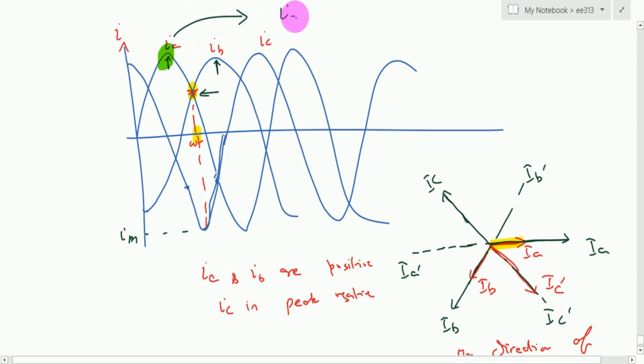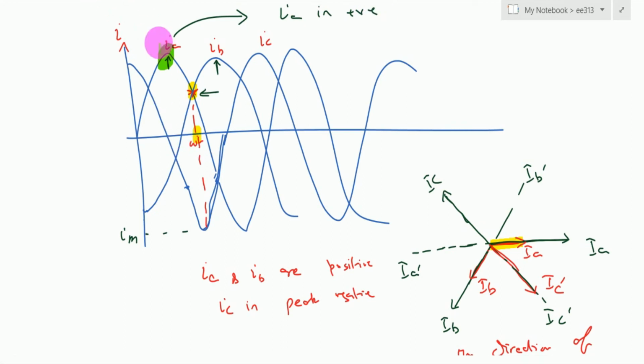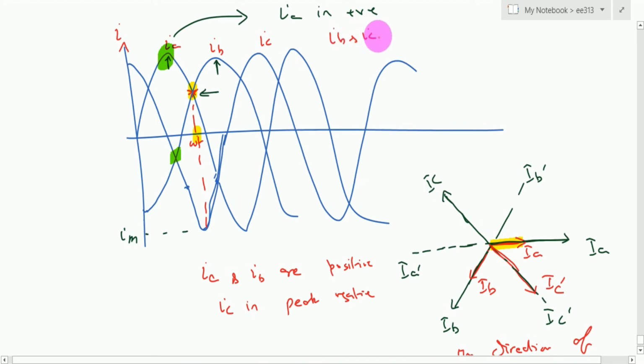Here we can see that IA is positive while the currents IB and IC are both negative, which means that we have IA here, IB negative here, and IC negative here.